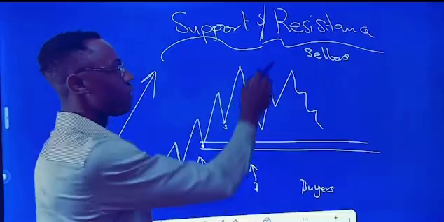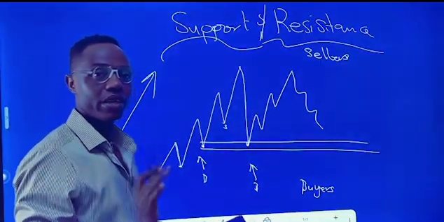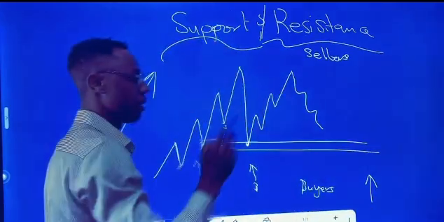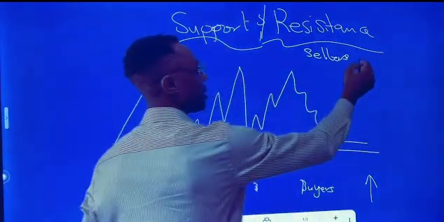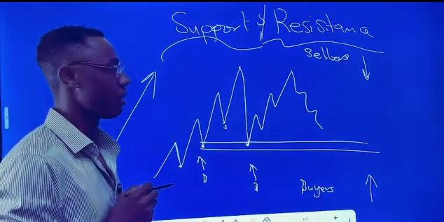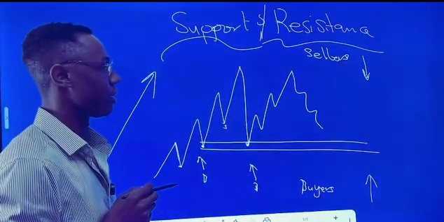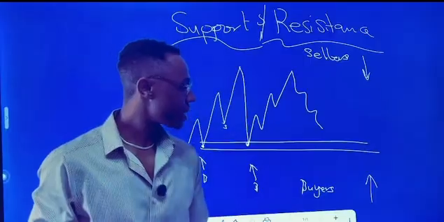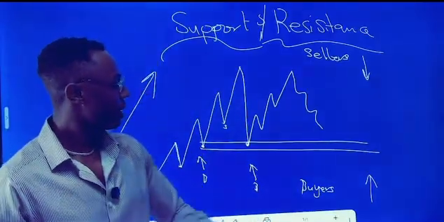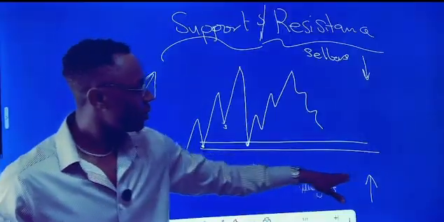These two forces are retaliating, or they are in competition. The buyers are pushing the price up, and the sellers are pushing the price down. So the buyers are acting like what? Defenders.